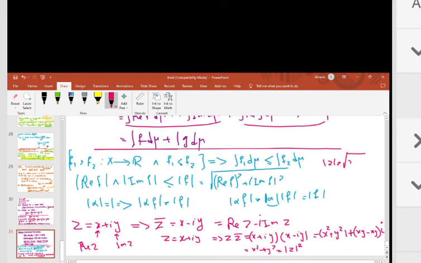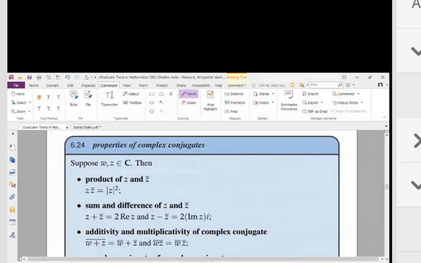Okay, x squared plus y squared equals the absolute value to the power of 2.